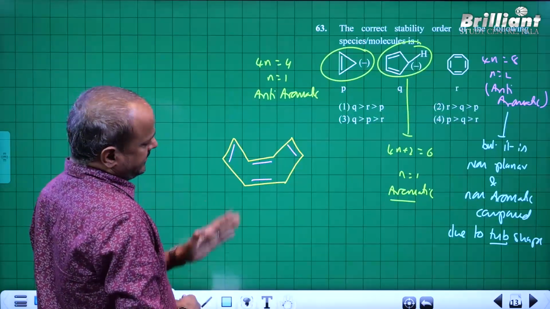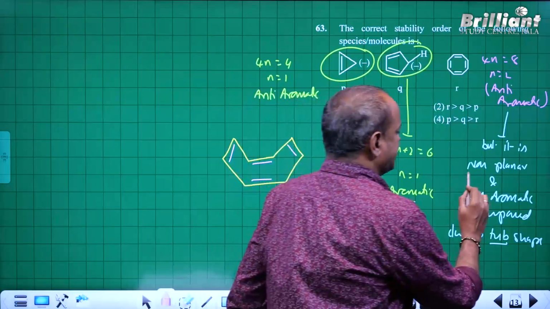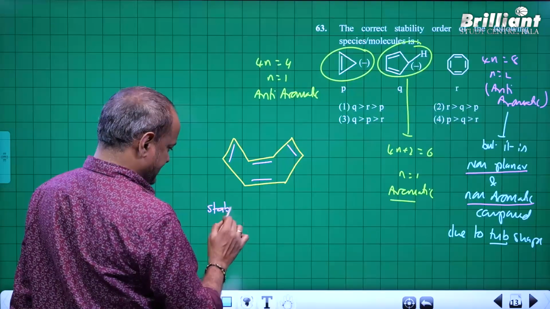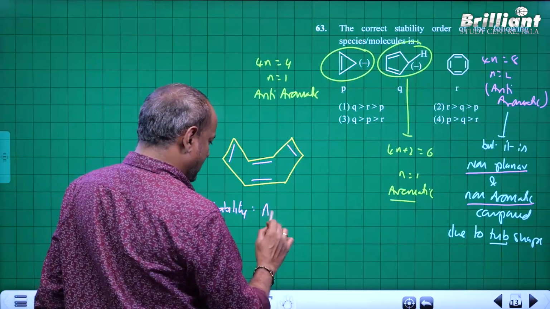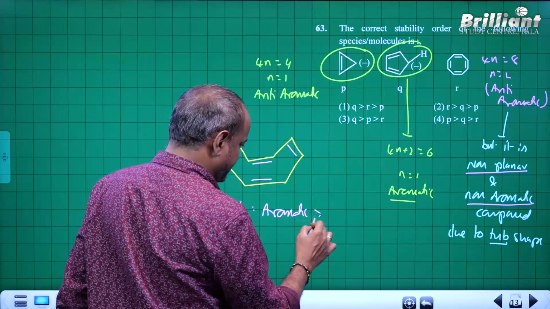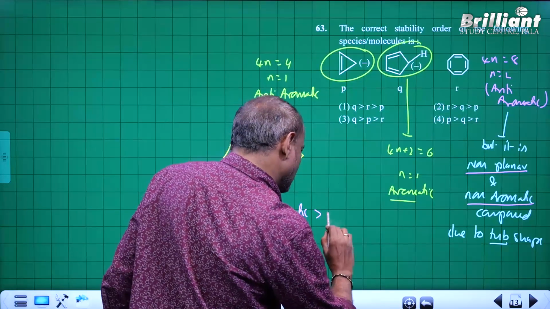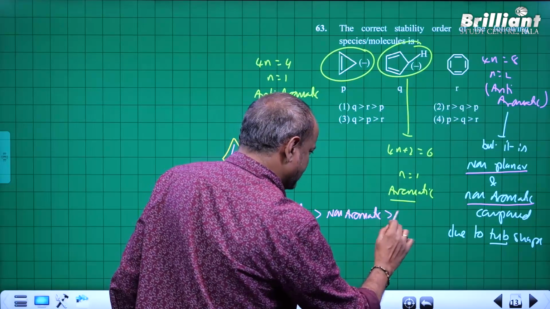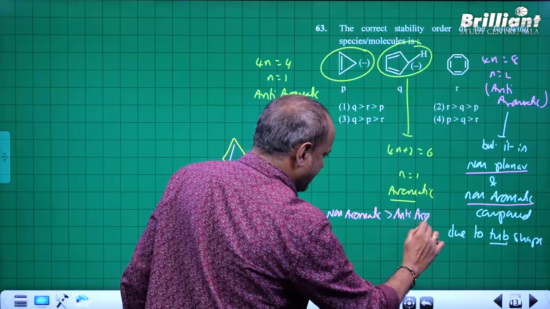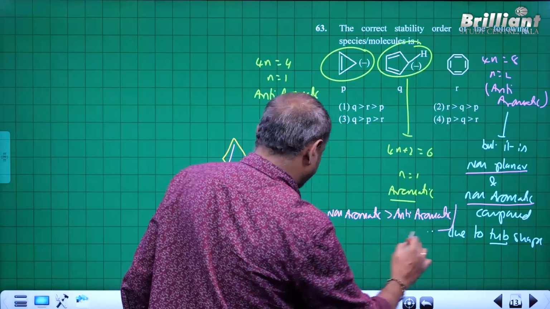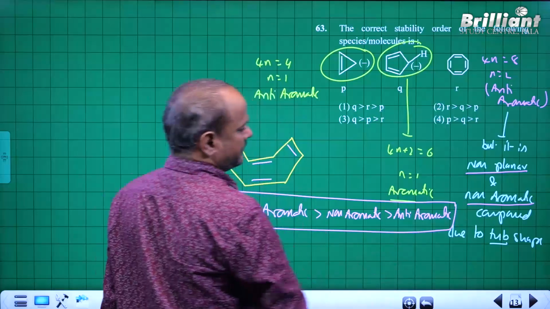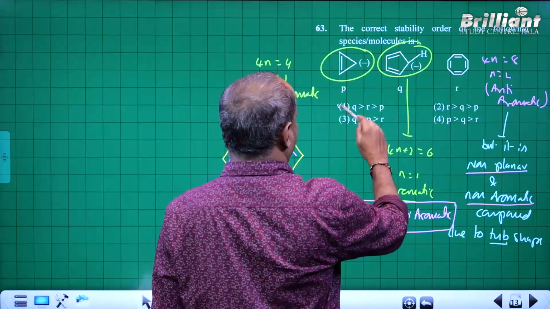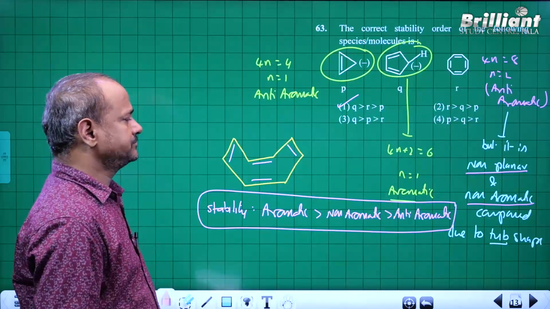So, this compound is non-planar. Non-planar is always non-aromatic. Stability order is: aromatic is more stable than non-aromatic, last place only anti-aromatic. So, Q more than R more than P. Okay.